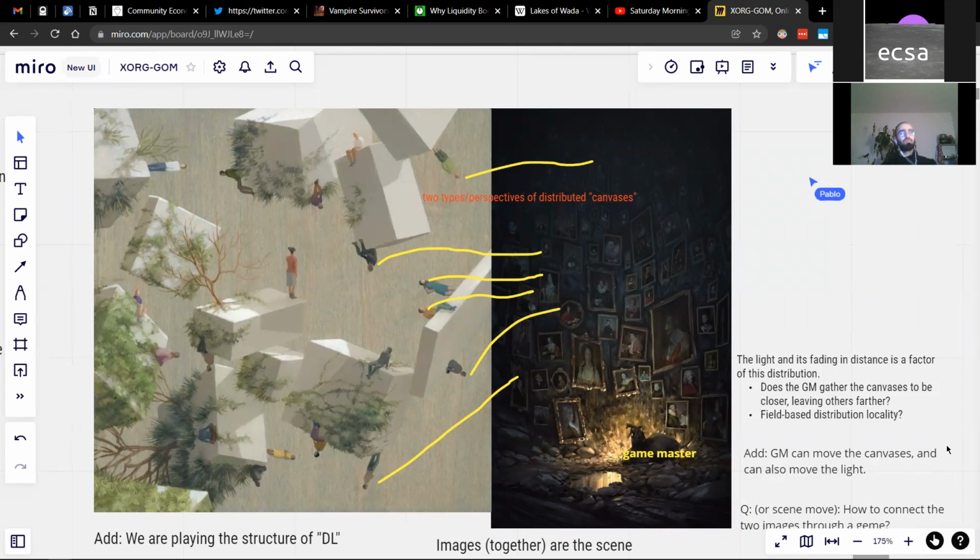But the material here is like, okay, these are two perspectives or distributed canvases. And then there are certain things that become almost like potential conditions, like the connections between the persons, and then the game master. In some ways, this light part is almost part of the gem.